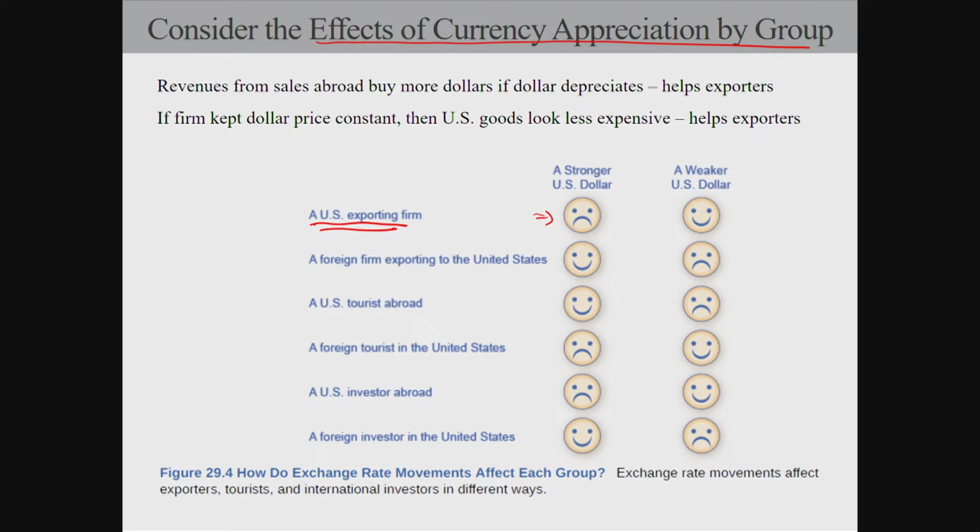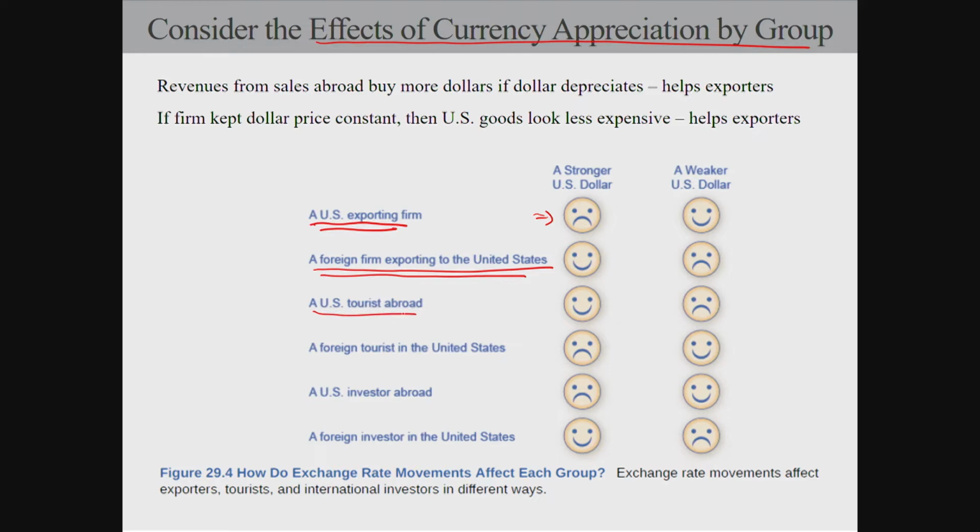That makes my goods look relatively more expensive. So a US exporting firm is not going to like a stronger US dollar, whereas a foreign firm exporting to the US is going to like a strong US dollar, because a person can buy more yen or more euros, and that makes their prices look more competitive and lower.